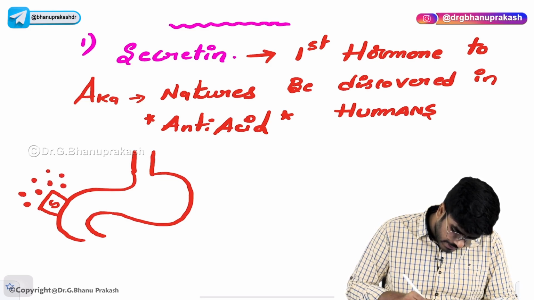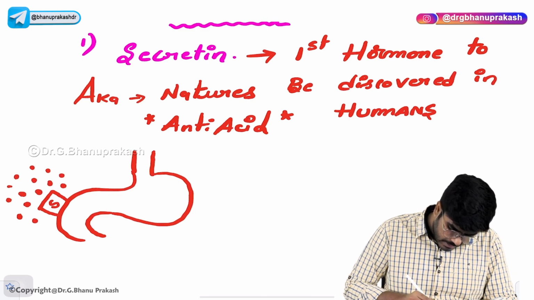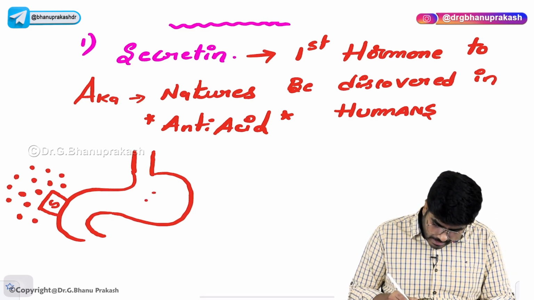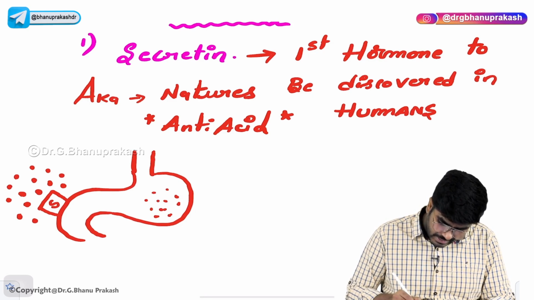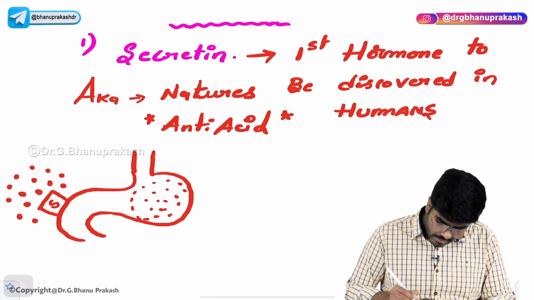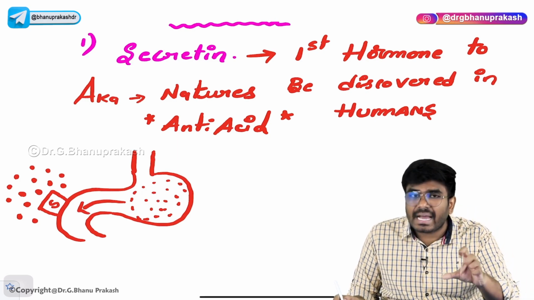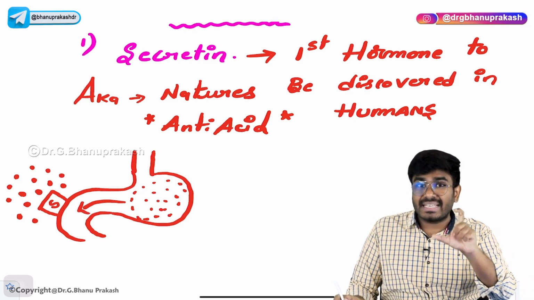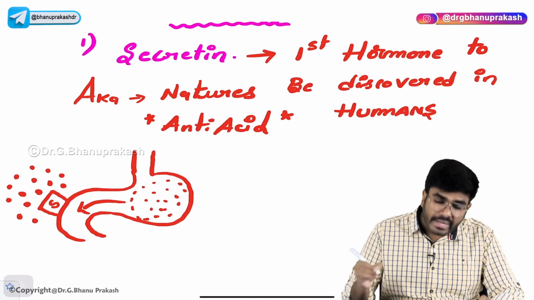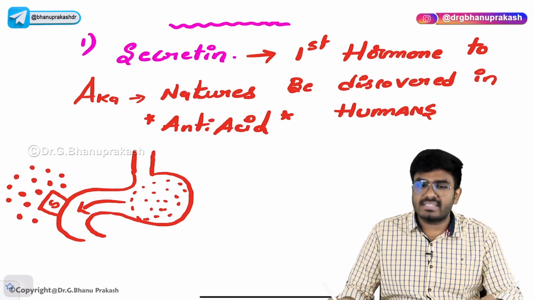So, whenever you eat food, that food is going to mix with the acid in the stomach. Whenever the chyme, partially digested food, enters the duodenum, that acidic pH will stimulate the S cells in the duodenum to release secretin.